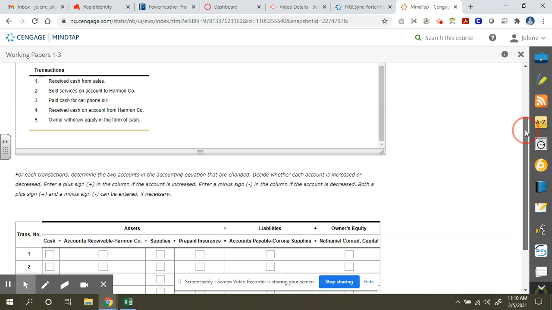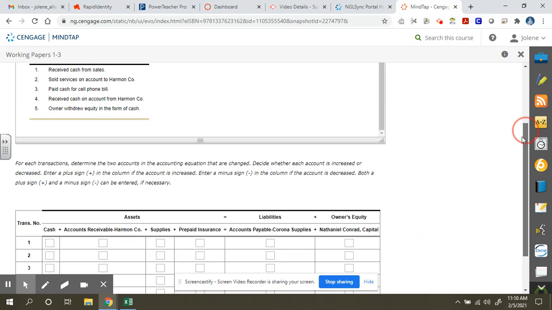So transaction number 1 says received cash from sales. Received cash. That's a good thing. So cash went up. I hope you agree with that. This time, remember last assignment, the 1-2, it only gave you assets, liabilities, and owner's equity.